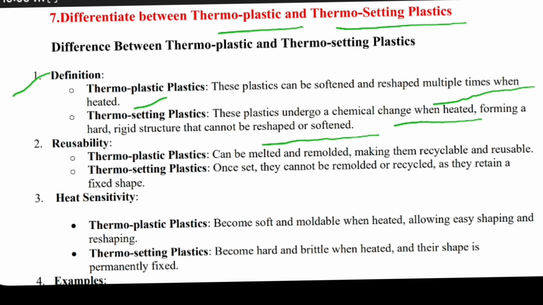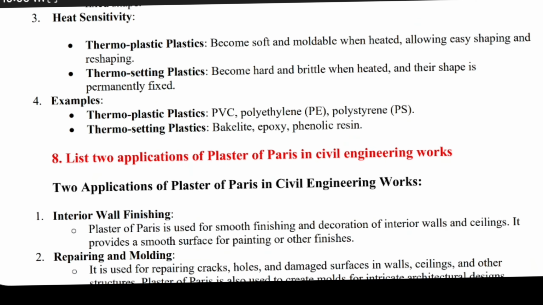Coming to reusability, thermoplastic material you can mold and remold, and you can recycle and reuse anytime, but thermosetting plastic you cannot remold or recycle. Coming to heat sensitivity, this material is very soft. When you heat it, it changes its shape, and you can reshape it.